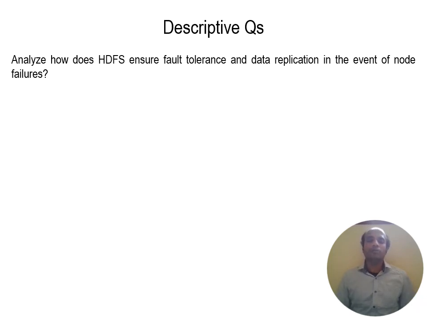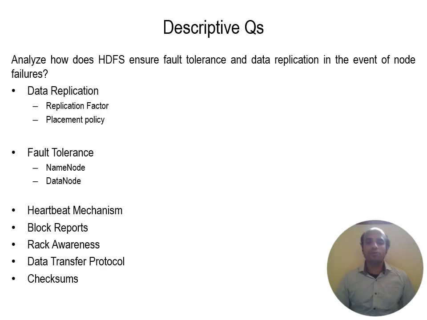Okay. Now let us discuss this question on how does Hadoop distributed file system ensure fault tolerance and data replication in the event of node failures. So it's data replication. We have replication factor and placement policy.